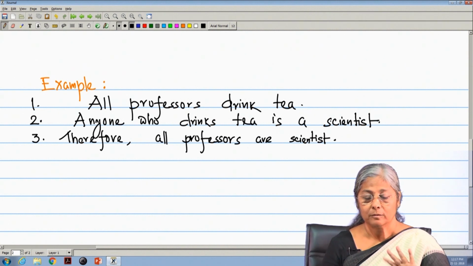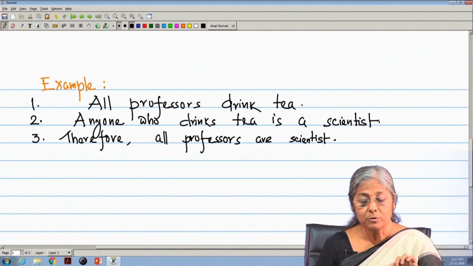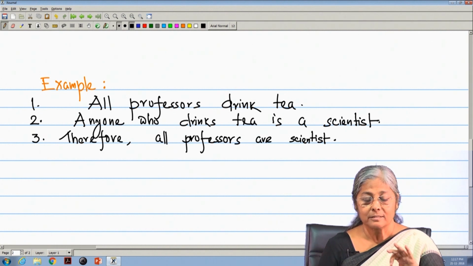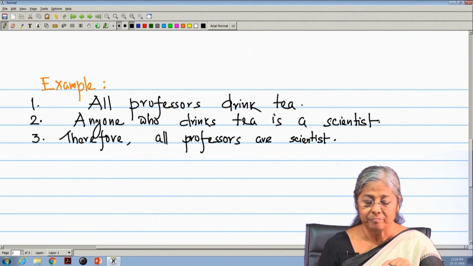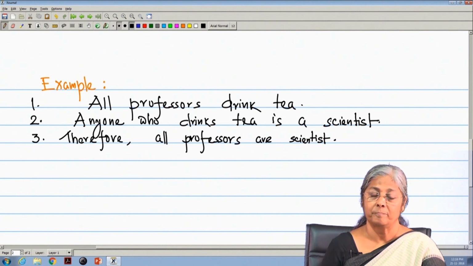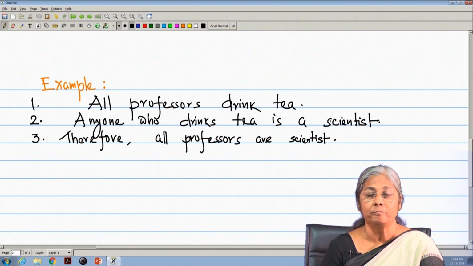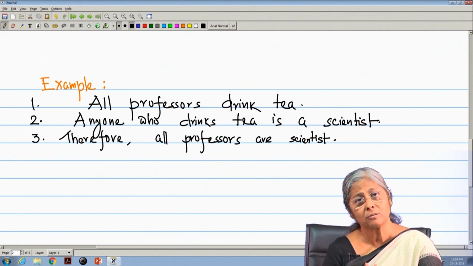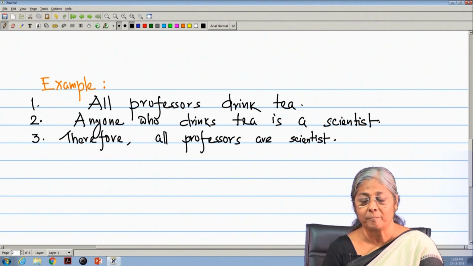So, we explain this simple example. Statement 1 tells all professors drink tea. Statement 2 tells anyone who drinks tea is a scientist. So, the third statement tells therefore all professors are scientists. For statements 1 and 2 we are not concerned whether they are correct or not.